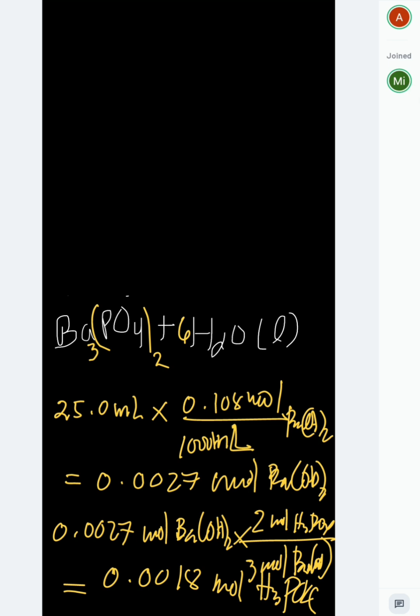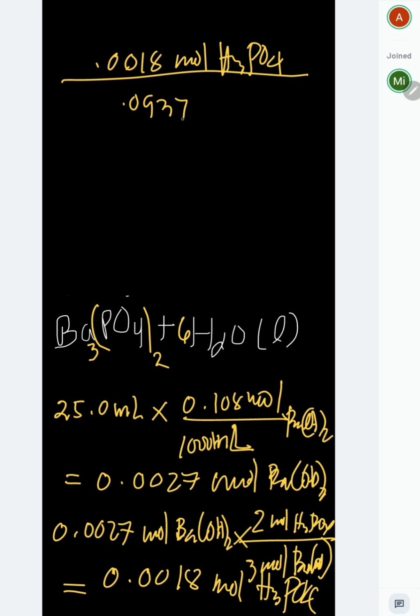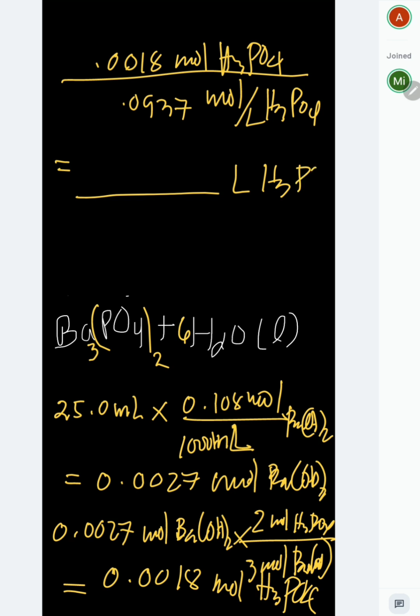We're given the molarity, so we just divide 0.0018 mole H3PO4 by 0.0937 mole per liter H3PO4. So the answer should be liters of H3PO4. Then we convert that to ml.